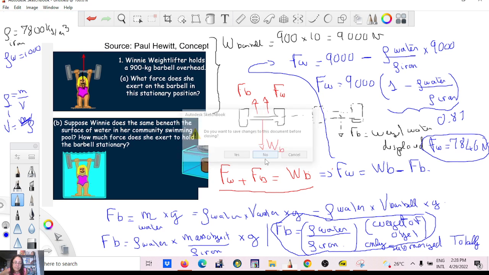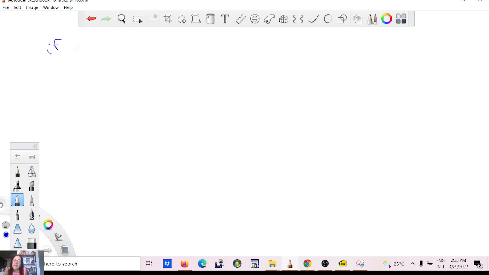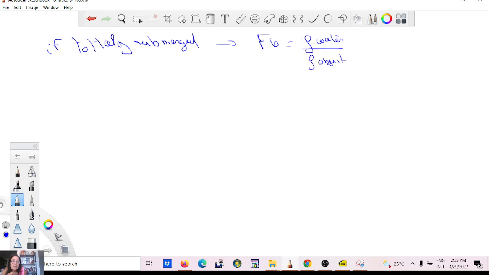Building up, if totally submerged, then the buoyant force equals rho of the water over rho of the object times the true weight, the weight in air of the object.